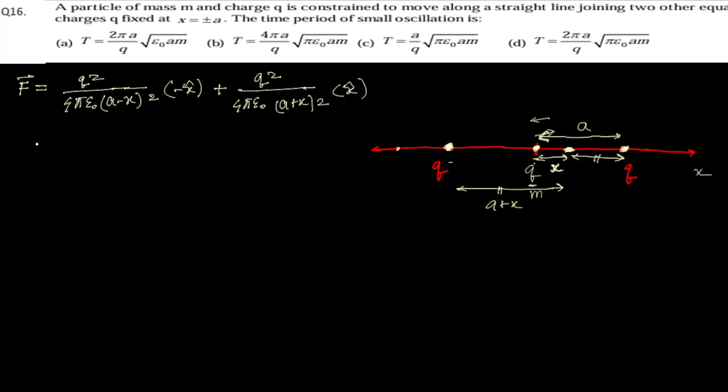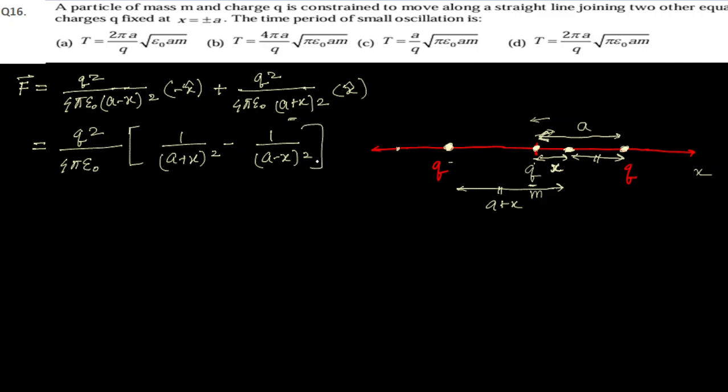Now if we simplify this, we get Q squared divided by 4 pi epsilon naught times [1 by (a plus x) whole squared minus 1 by (a minus x) whole squared] into x cap.